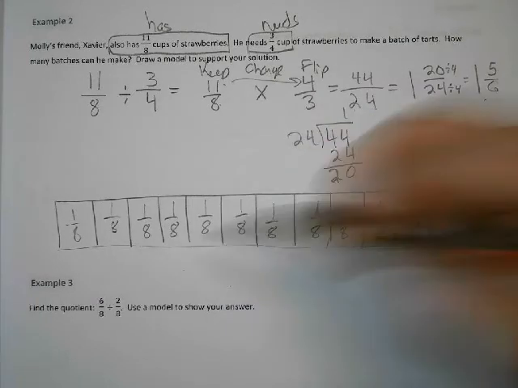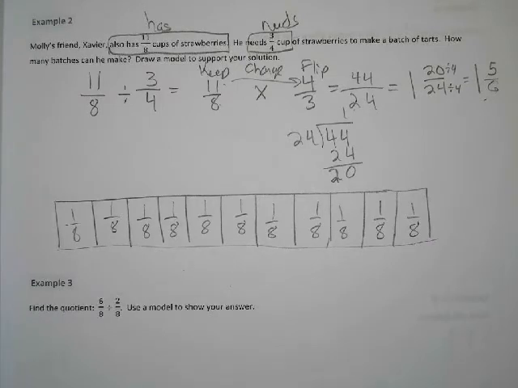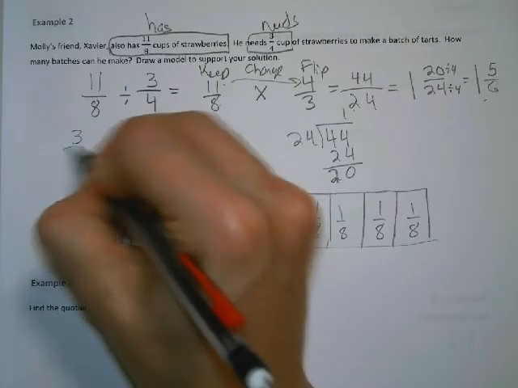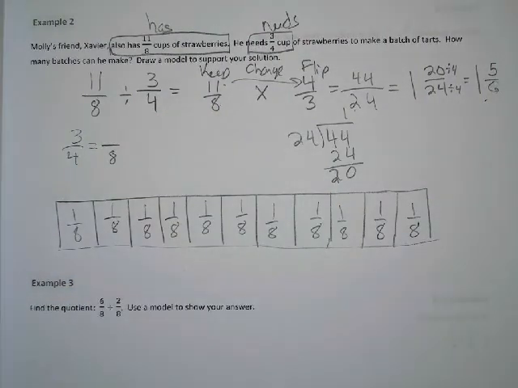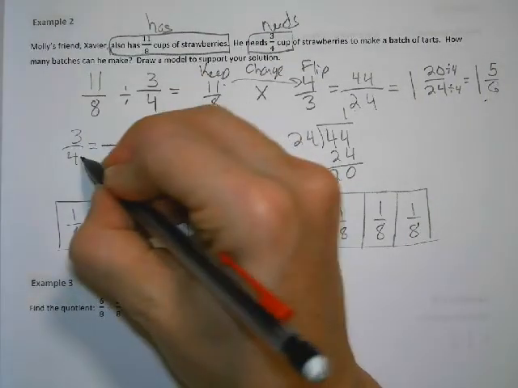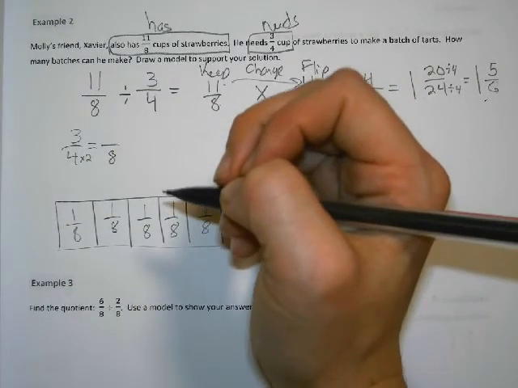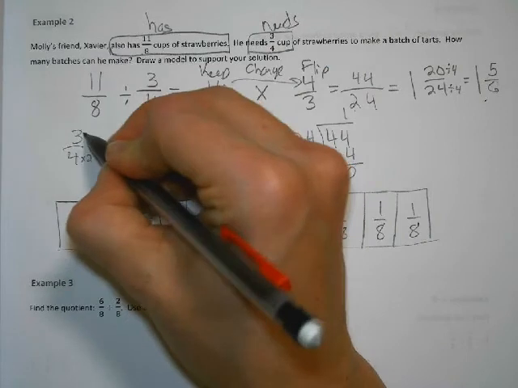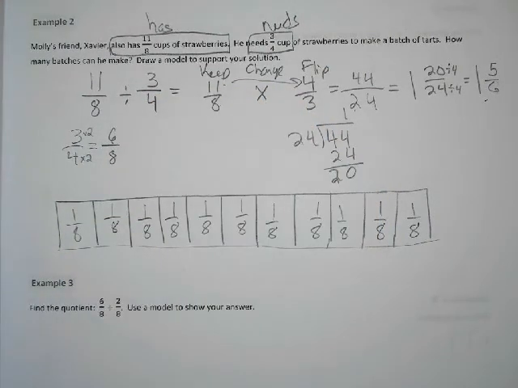Well, I look at this, I'm like, well, this is an 8. So what do I need to do to 3/4 to figure out how many 8ths that would be? I have to create an equivalent fraction. So I have 3/4 and I need it to equal something in 8ths so I know what the groupings are. And that means I have to take 4 times 2. And the rule for finding equivalent fractions is that you have to do the same thing to both. So that would be a 3 times 2. That would be 6/8. So they want to know how many 6/8 there are in the 11/8.